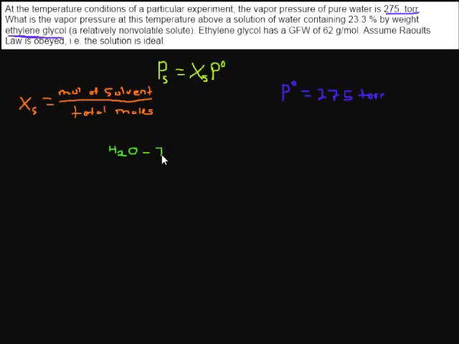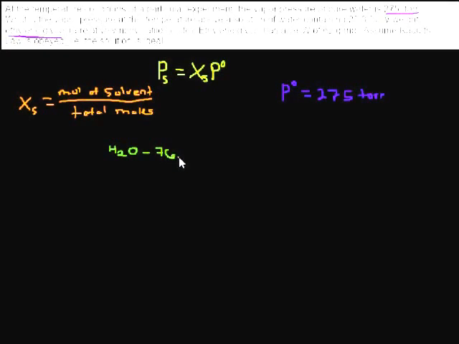So we have 76.7 grams of water. And then for the glycol, we have 23.3 grams. Now we just convert these to moles and then plug it into this expression.